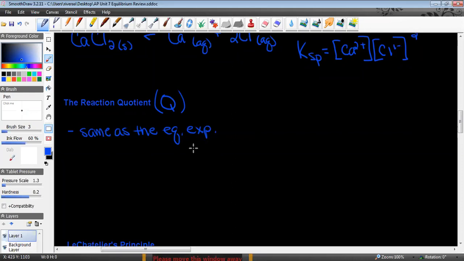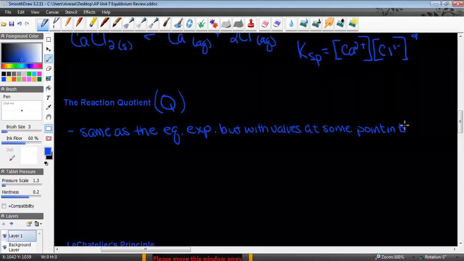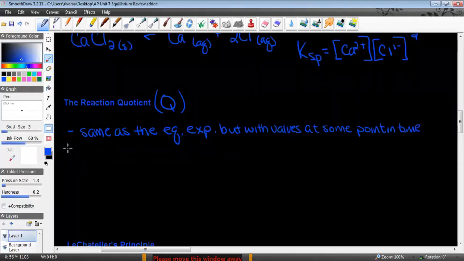It's just values at some point in time. It helps us determine which direction the reaction is going to go.